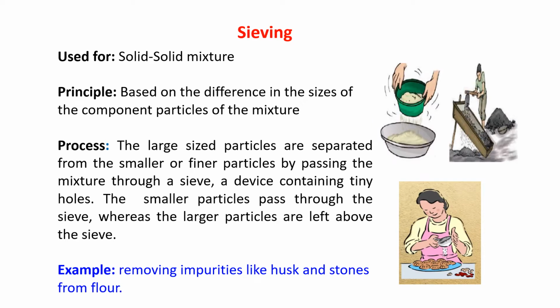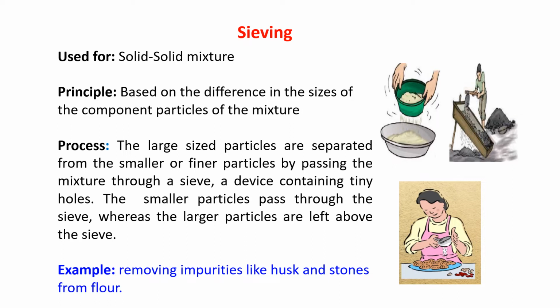Now next is sieving. This is also used to separate solid-solid mixture. The principle is based on the difference in sizes of the component particles of the mixture. The process: the large sized particles are separated from the smaller or finer particles by passing the mixture through a sieve, a device containing tiny holes.